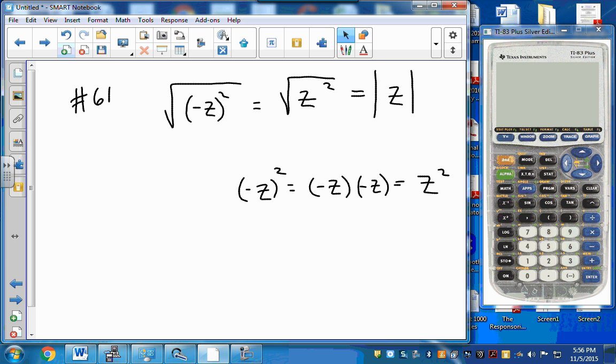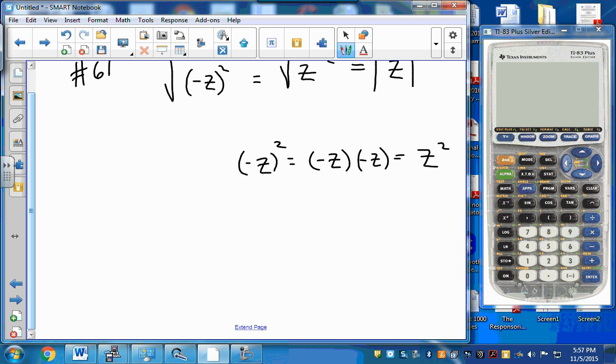67. So number 67, we've got the 6th root of x to the 30th.